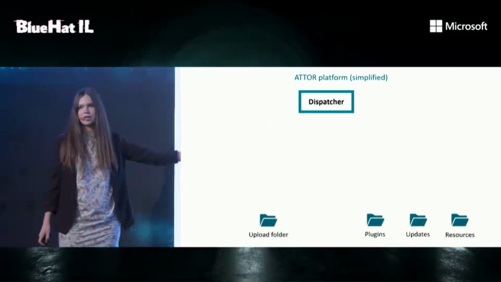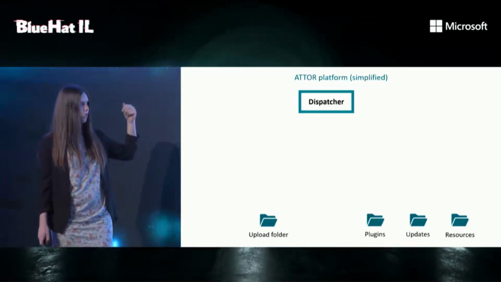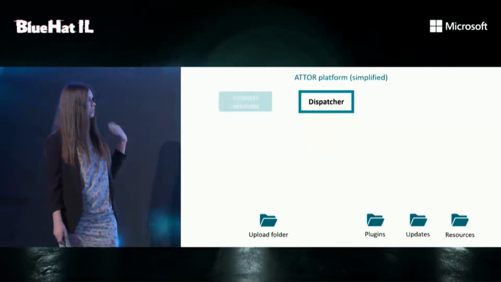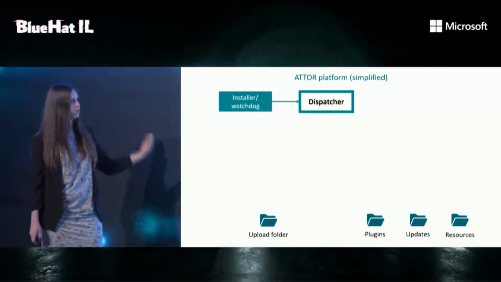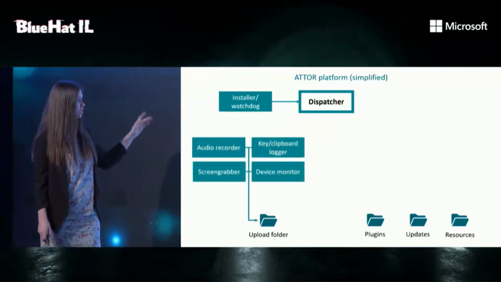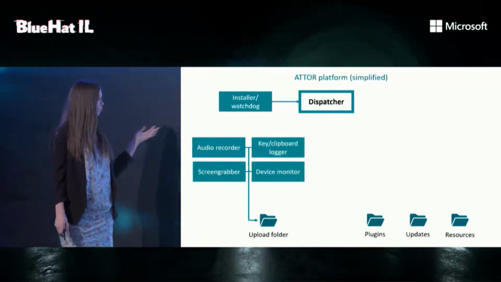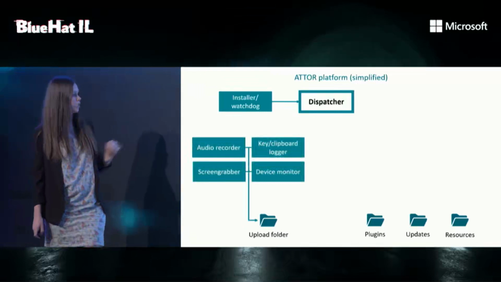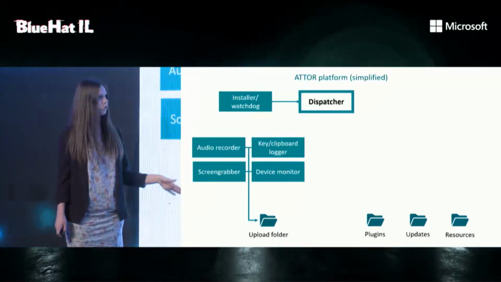So some of the plugins create files in these folders and others read from them. As for the plugins, there is an installer plugin that of course ensures persistence of the whole platform. And then there are others, but the most interesting ones are maybe these espionage plugins, which collect some information from the compromised computer. And this is information that gets stored in the central upload folder.